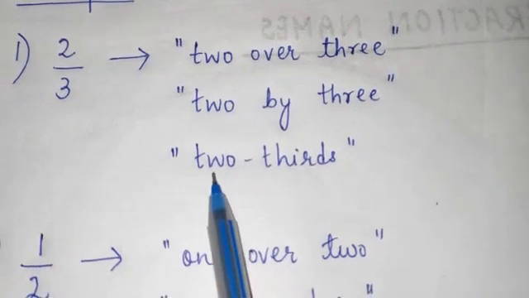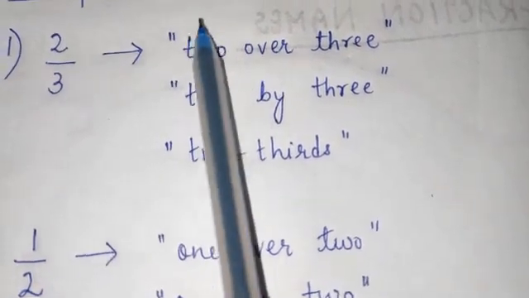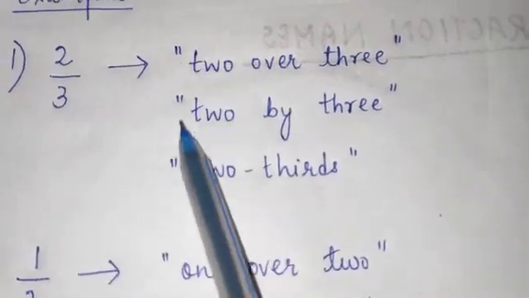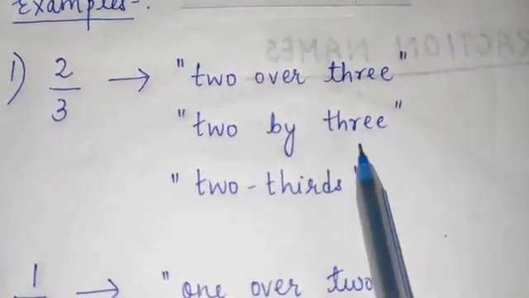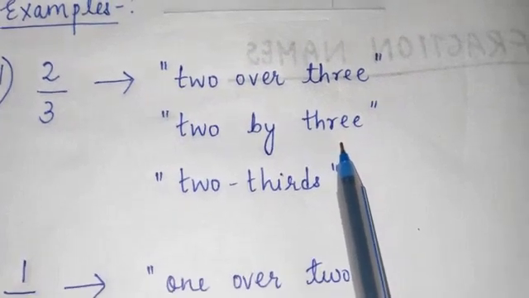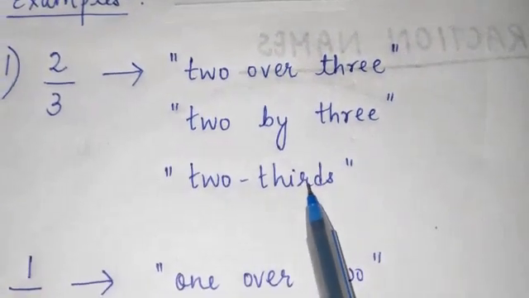Okay, in the third way you can write it as "2-thirds". If you notice, the number which is the numerator is coming first and the number which is below the line, the denominator, is coming at the last.